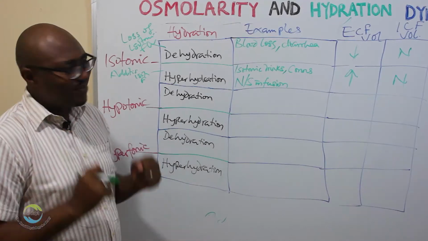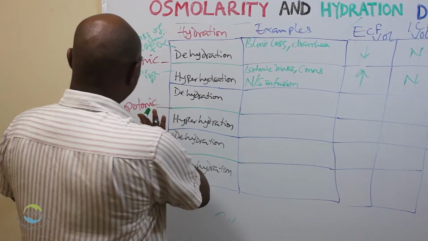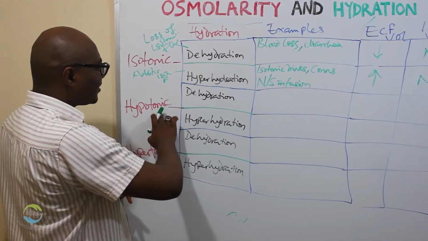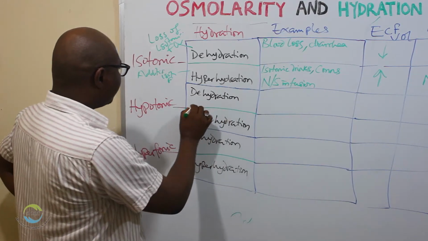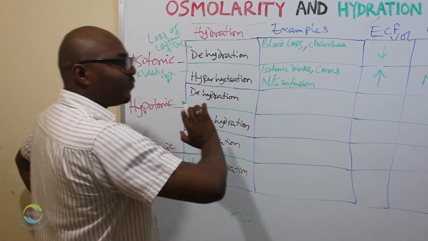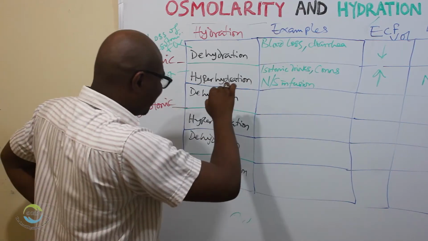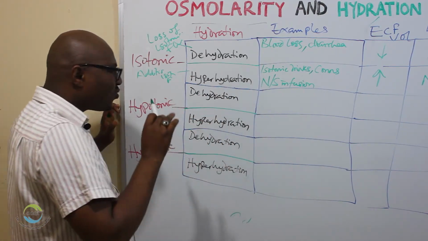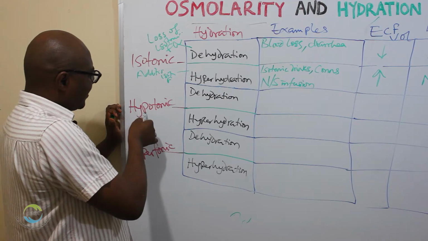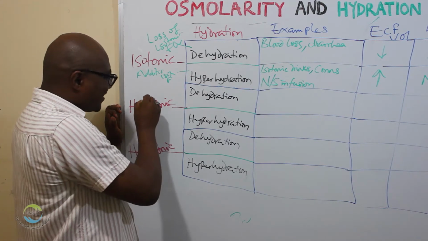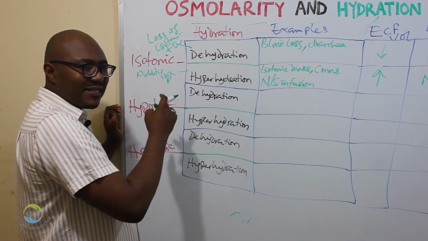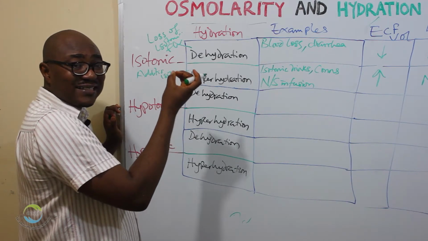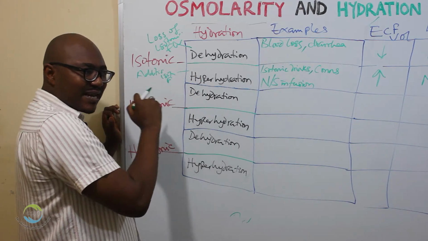All right, welcome back. So now we want to focus on hypotonic dehydration and hyperhydration. So in this one, there is loss of fluid first because it is dehydration. But what will make the ECF hypotonic means that the ECF has osmolarity that is lesser than the ICF.